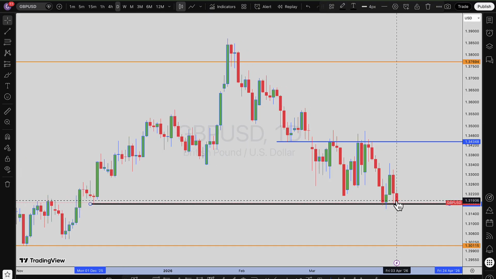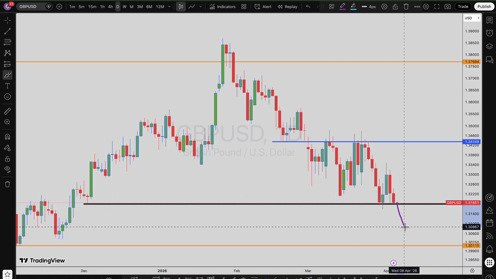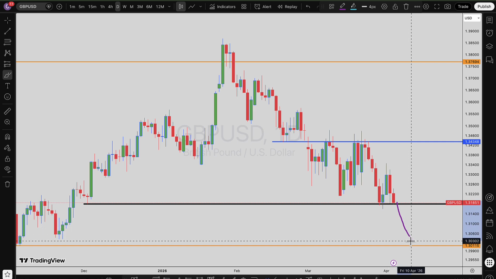So if price failed to break this level next week, it is likely price may go into a rotation upward. But if price should break this technical key level structure or the minor structure which acts at the price of 1.31796, it is likely price may push all the way down to our technical support, which acts at the price of 1.30115.